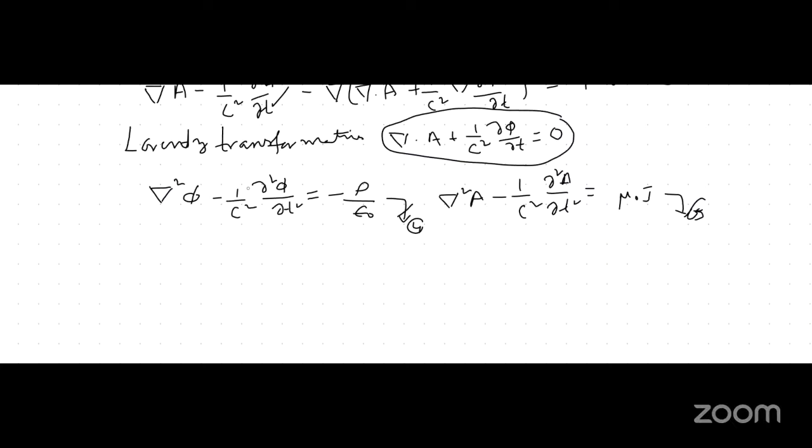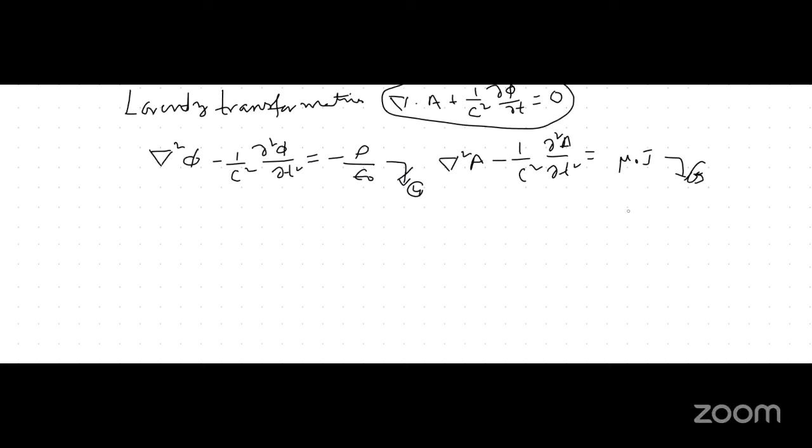Another one in terms of vector potential, that is del square A minus 1 by c square into ∂² A by ∂t² is equal to mu naught J. These two are the inhomogeneous equations. The terms on the right hand side of these equations are the source terms of the electromagnetic wave equation, which represent the generation of the field. So these are the two equations which we call the inhomogeneous wave equations.